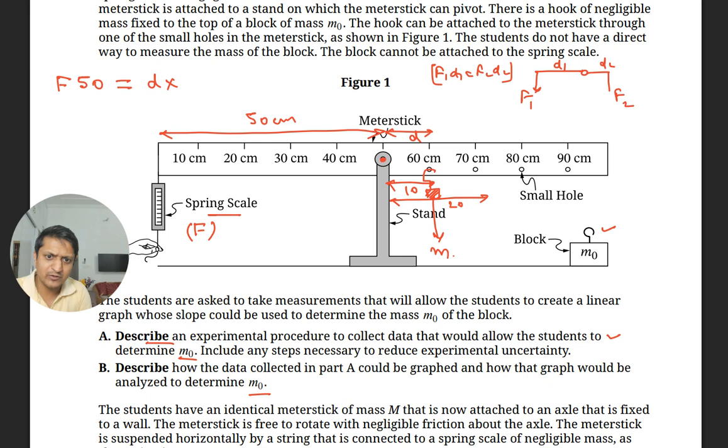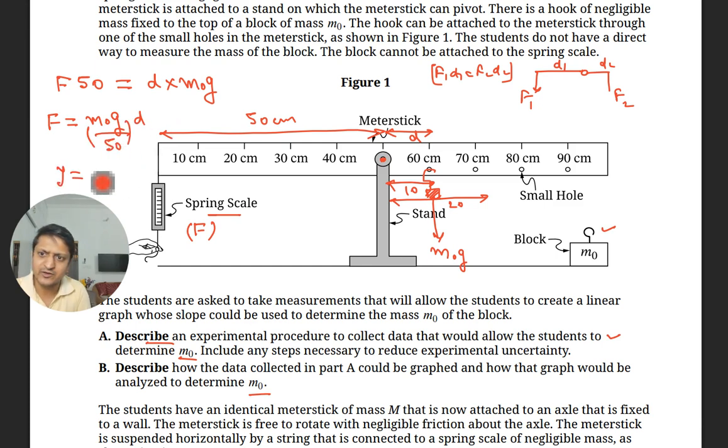Force will be M naught G. So M naught G. So this will be the equation. So we can write F is equal to M naught G by 50 into D. So this is one equation.